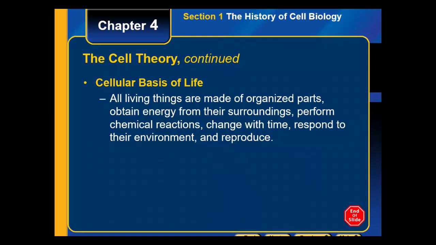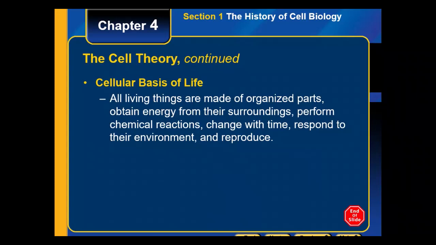Response to the environment. Cells and organisms can respond to external stimuli in their environment. They have the ability to detect and react to changes in their surroundings, allowing them to adapt and survive in various conditions. Reproduction. Living organisms have the ability to reproduce, either asexually or sexually, to ensure the continuation of their species.